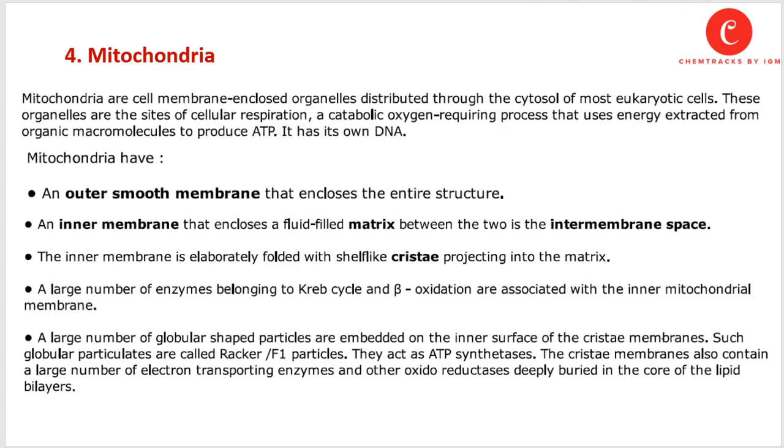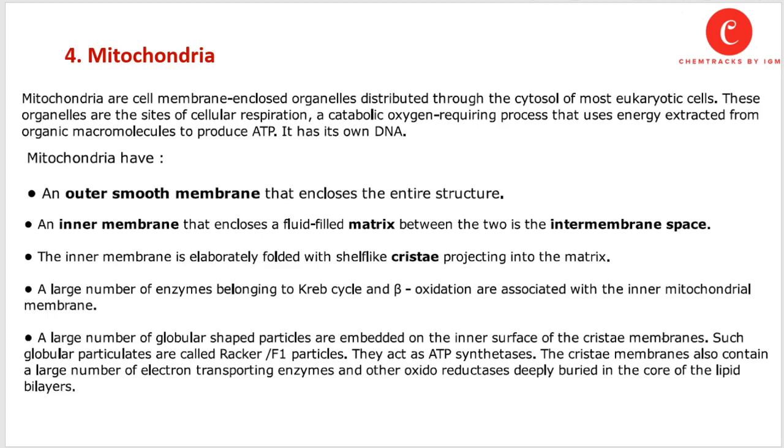Mitochondria is also known as the powerhouse or energy center of the cell, because mitochondria is the site where cells generate all of their energy in the form of ATP molecules. Due to this reason, it is called the powerhouse of the cell.